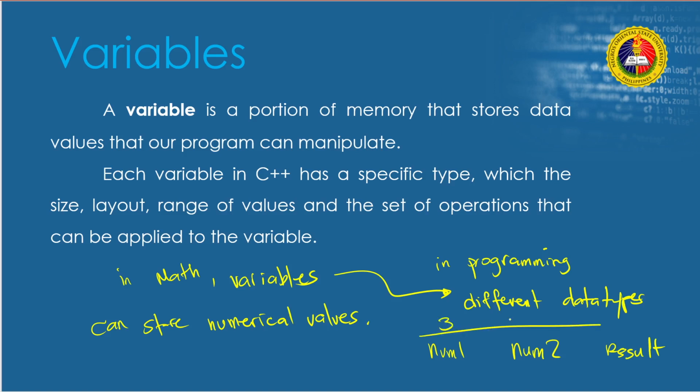So the result is 8, because the result is the sum of 3 plus 5. Now the next user may enter different numbers, 8 and 6. That will also return a different result. That's why we use variables, to make sure that our program will still work every time even though the users enter different data.